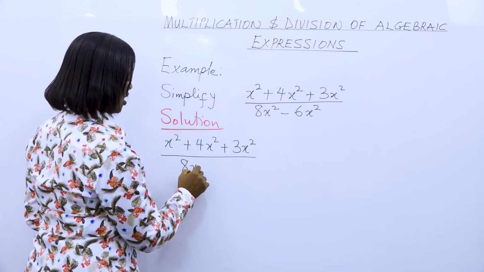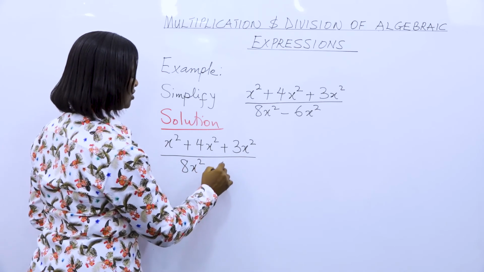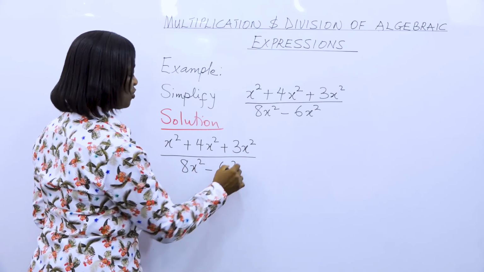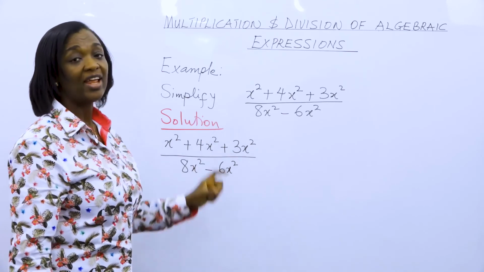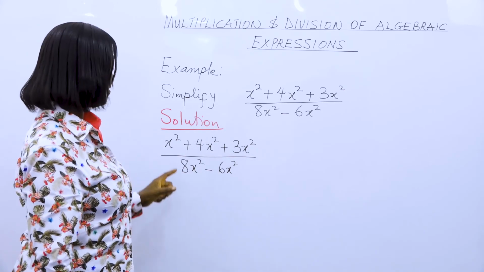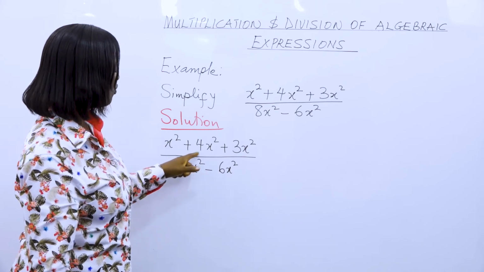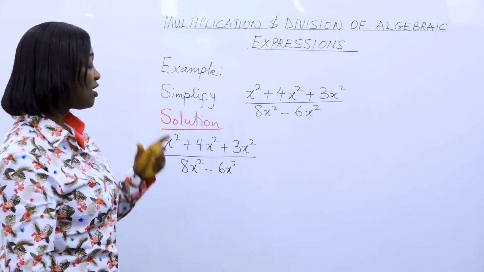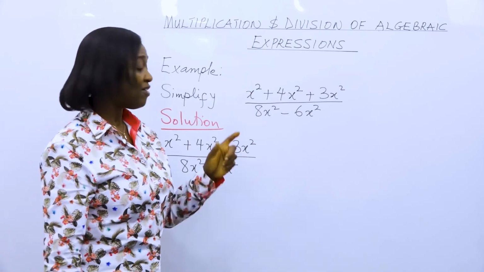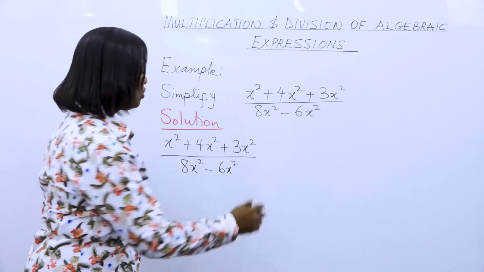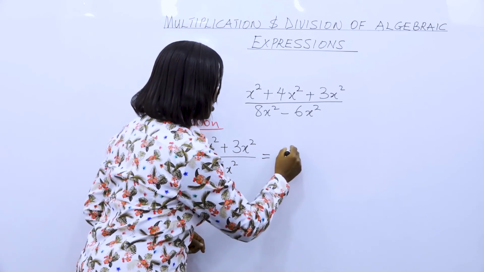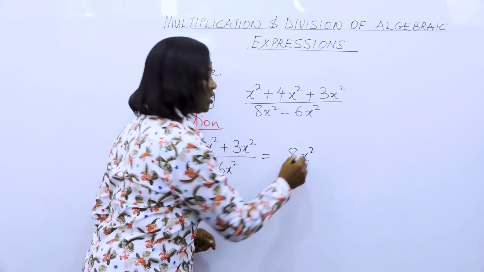8x squared minus 6x squared. As you can see, they are all like terms. So x squared plus 4x squared will give us 5x squared. 5x squared plus 3x squared will give us 8x squared.